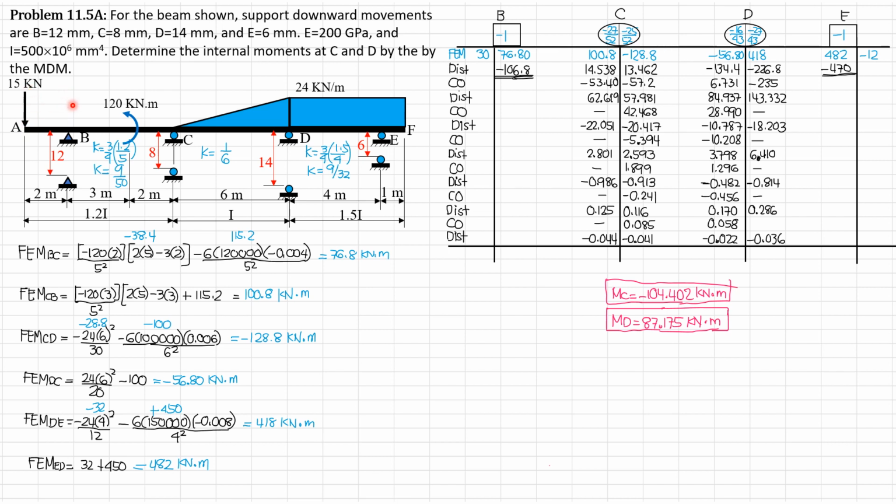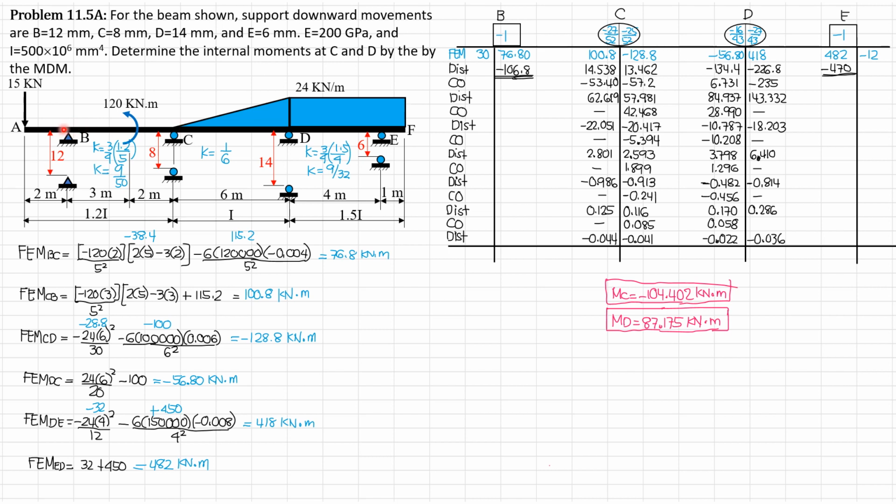So imagine there is 15 kilonewtons here. And the moment of 15 kilonewtons is 15 times 2, so 30 kilonewton meters. So there is a couple of 30 kilonewton meter. But the moment in BC is negative, negative 15 times 2. So it is negative 30 kilonewton meter for BC.